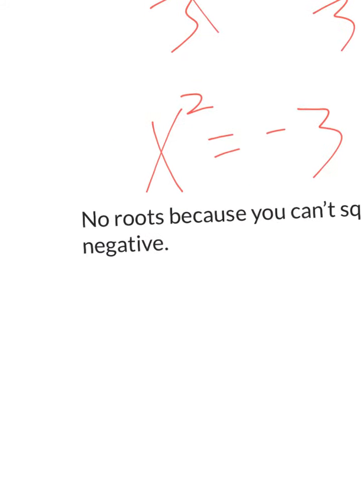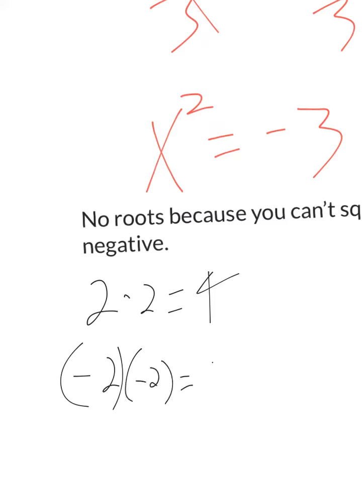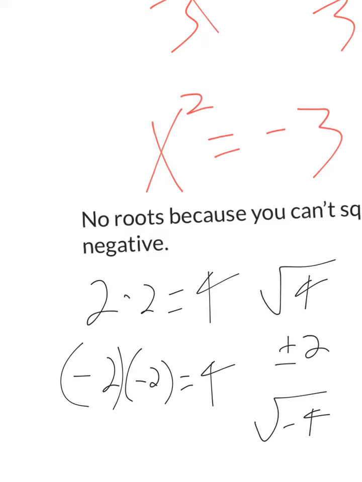Let's work with simple numbers here. I know that 2 times 2 equals 4. I know that -2 times -2 equals 4. So if I were to take the square root of 4, I'd say the answer is plus or minus 2. If I were to take the square root of -4, when you're squaring, what two exact same numbers can you multiply to get -4?